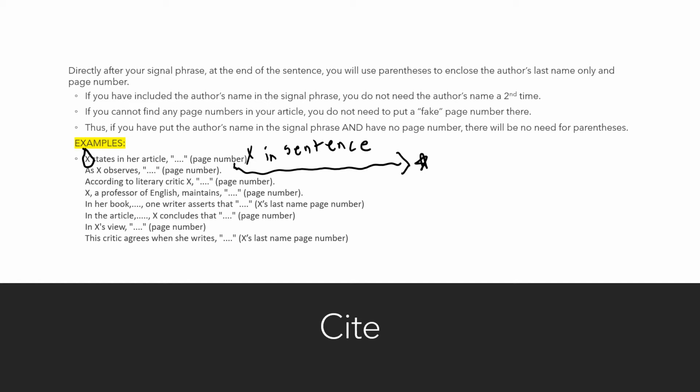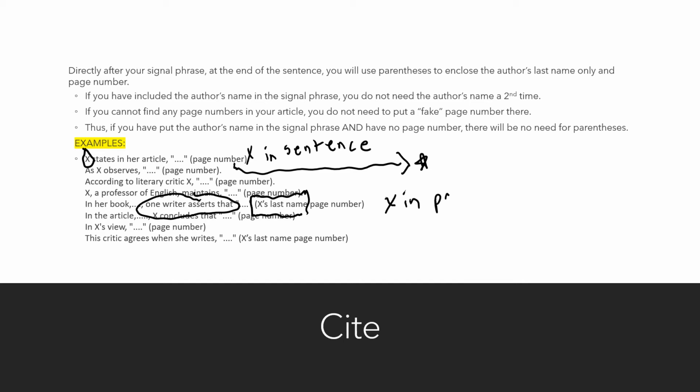Now let's go down to the fifth one. In her book, one writer asserts that. Notice that in choosing to start the sentence saying one writer asserts, you have the author's last name in the parentheses here because it is not in the sentence.